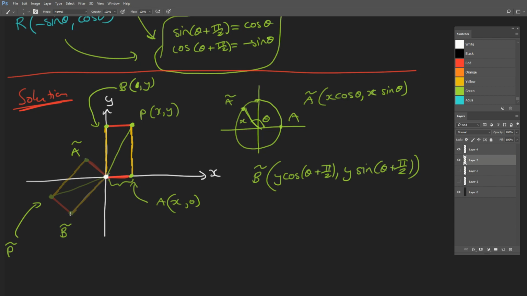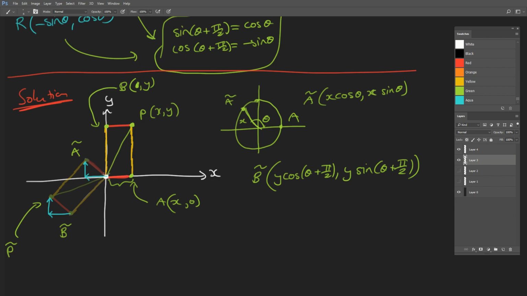One way would be to start at B tilde, go across over here and up over there. If we knew how much to go across from B tilde and how much to go up from B tilde, then we could find P tilde. However, those blue steps there are going to be the exact same as the steps that get us from the origin to A tilde.